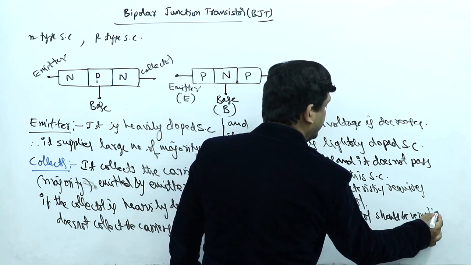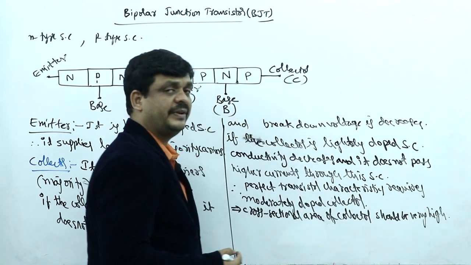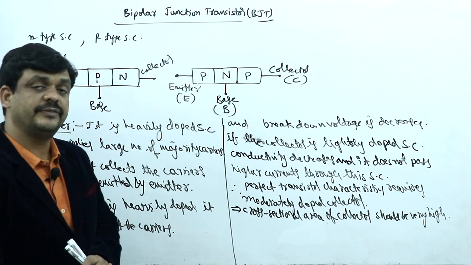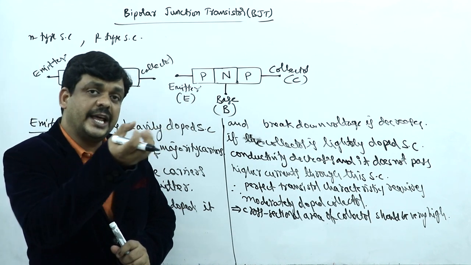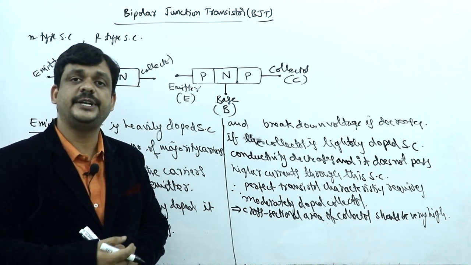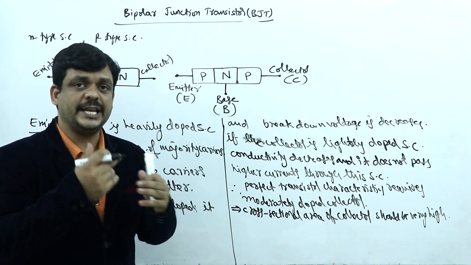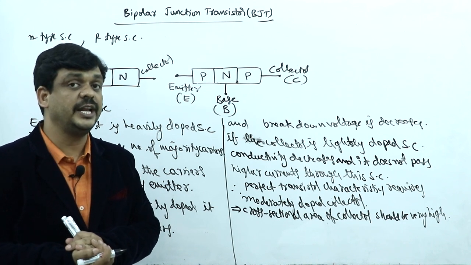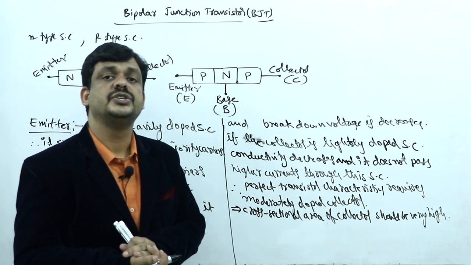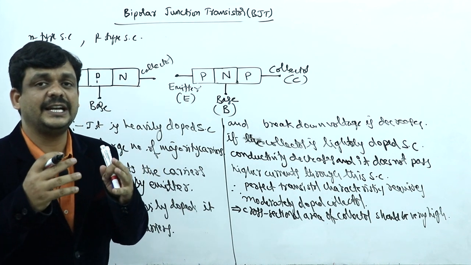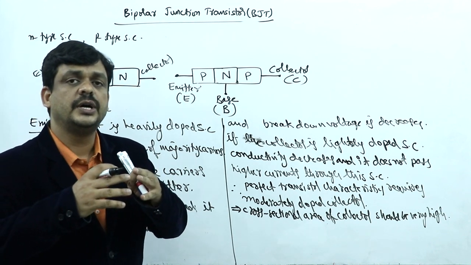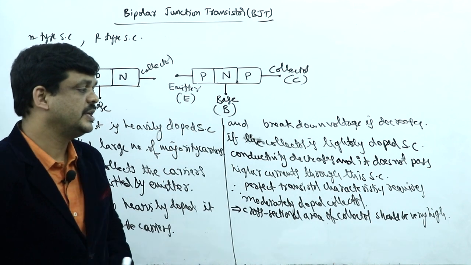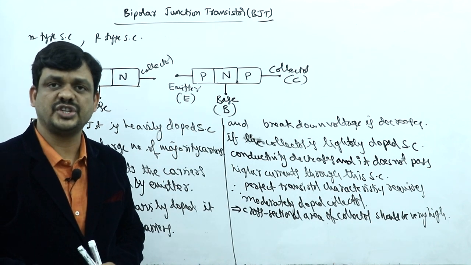So we have to take a moderate doping level here, but the cross-sectional area of the collector should be very high because it has to collect the carriers emitted by the emitter, and due to that carrier flow, large heat will be developed here, because the collector junction is always in reverse biased condition. So the heat that develops within the collector has to be distributed to other devices. For that purpose it requires a large cross-sectional area.